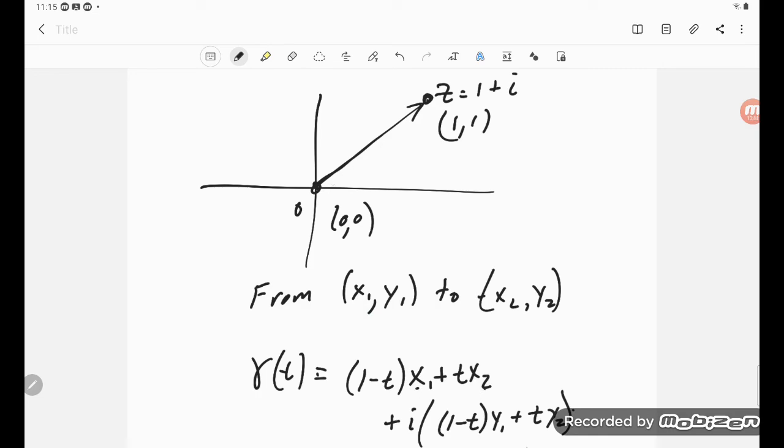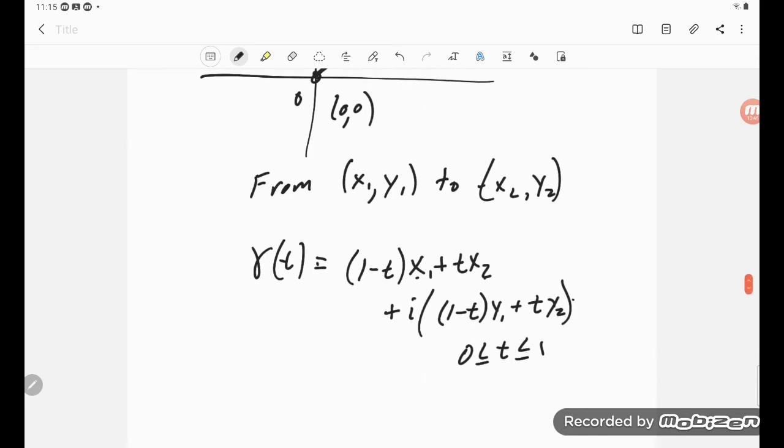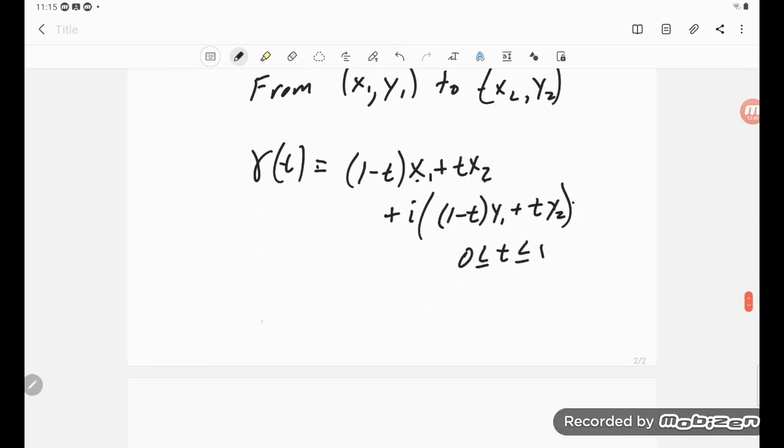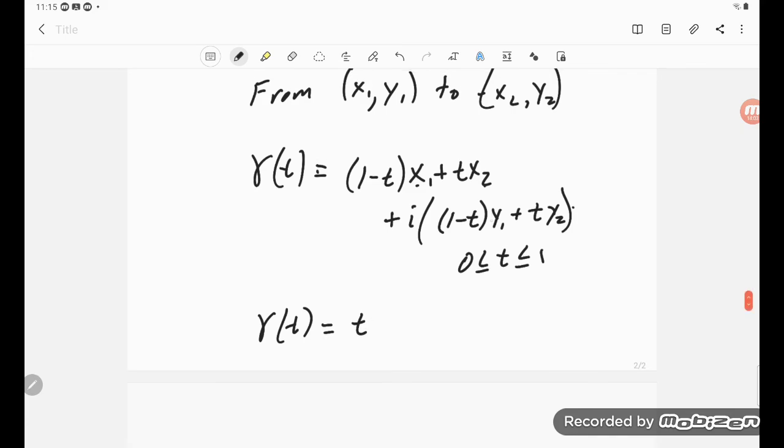So in this case, if I'm going from 0, 0 to 1, 1, then this gamma of t is equal to, well, x1 is 0, so that just disappears, and x2 is 1, so I get a t. And then the y1 is 0, and the y2 is 1, and so I'll get another t there, and that's 0 less than or equal to t less than or equal to 1.